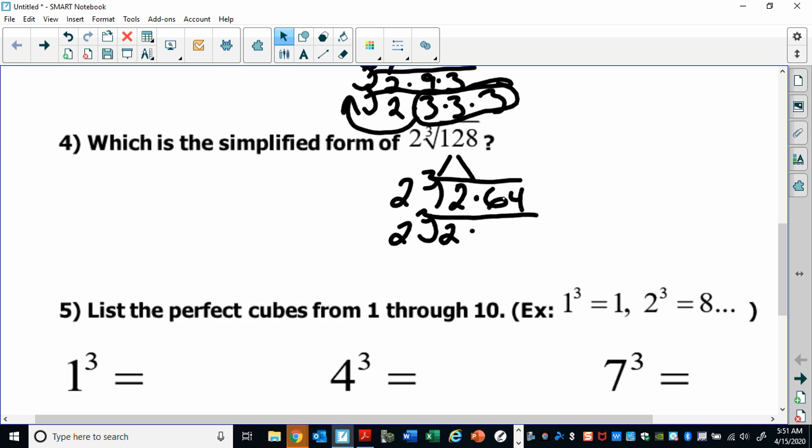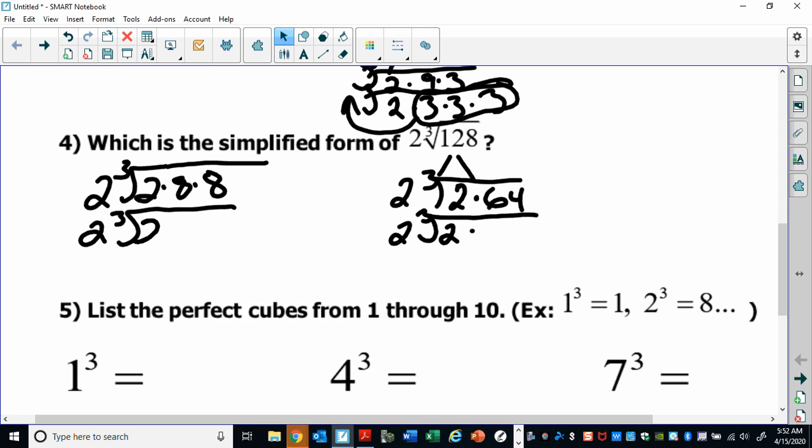If you remember that 8 is the square root of 64, you can cut it right here and go 2 times 8 times 8, right? And then you can break these down and you go 2 times the cube root of 2 times 2 times 4.